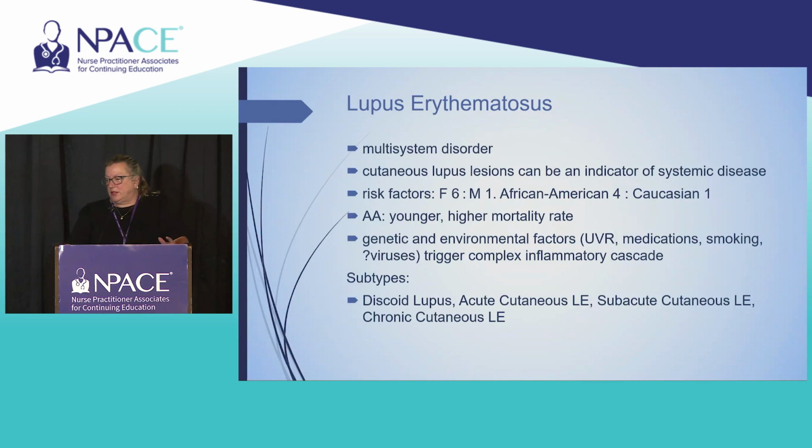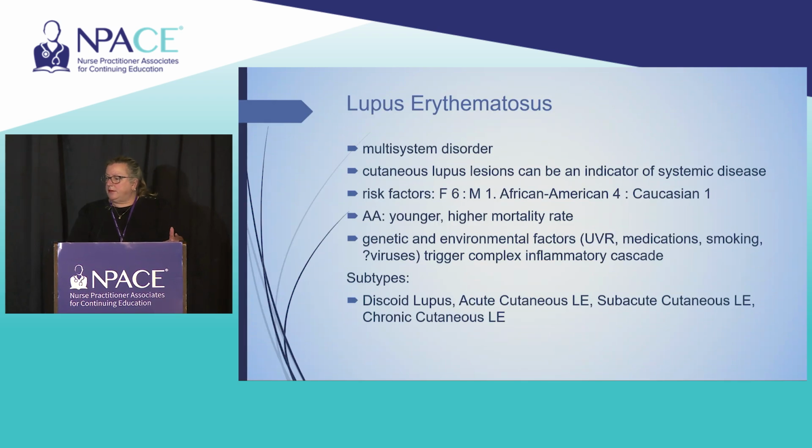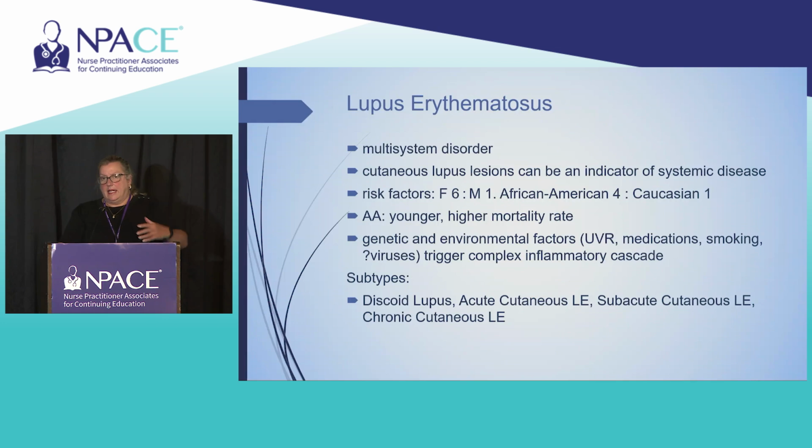Lupus is caused by a genetic predisposition, but it's triggered by environmental factors. It could be ultraviolet radiation or a virus that will then trigger a really complex inflammatory cascade that includes chemokines and inflammatory cell responses and cytokines. And they will target cells that are both within the skin and cells that are migrating to the skin.